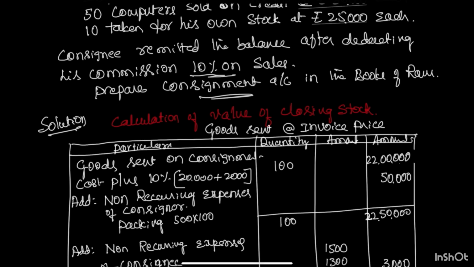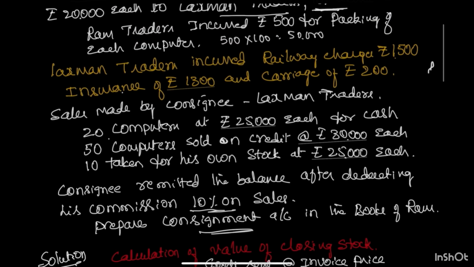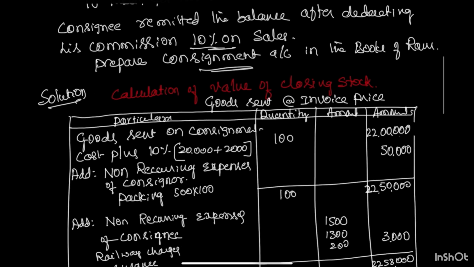So let us first calculate the valuation of closing stock, because for all the computers not sold, whatever stock is left out, we need to find the value of closing stock. For that we need to do workings. Goods sent on consignment, cost plus 10%, that is 20,000 plus 2,000, it becomes 22 lakhs.